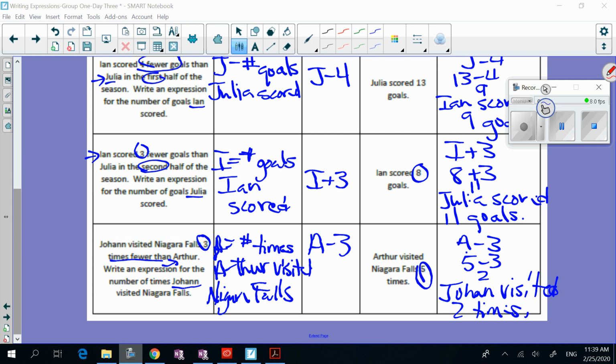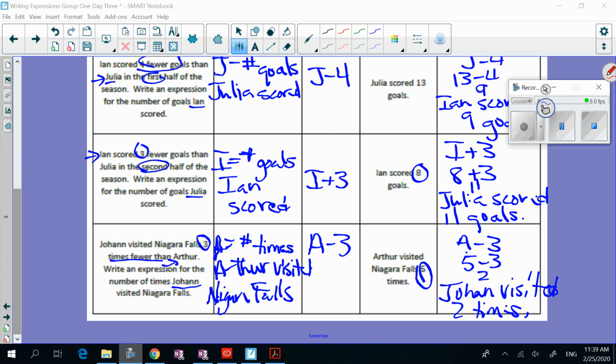So if I know what he did, I have to take 3 from that. Had it been the other way, and it said how many times Arthur went, then I'd be saying Arthur went 3 more, so I'd take J and add 3 to it. So it all depends on what you're looking for. That same situation can be written both ways, depending which way you're looking at it from.